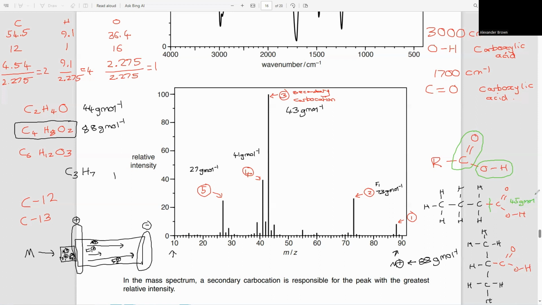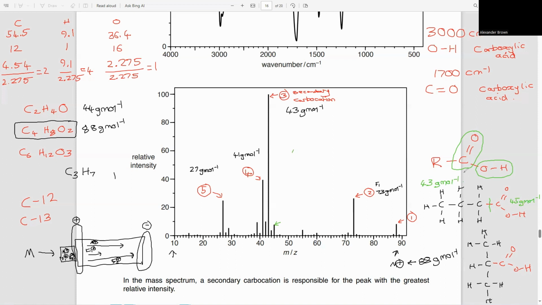And you can see actually in our spectrum, there is a peak at 45, which is about here, but it's quite small. And then we also have 3 carbons, which weigh 36, plus 7, which would be 43 grams per mole.